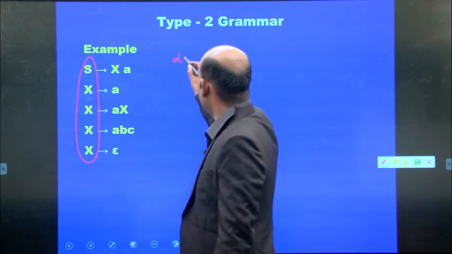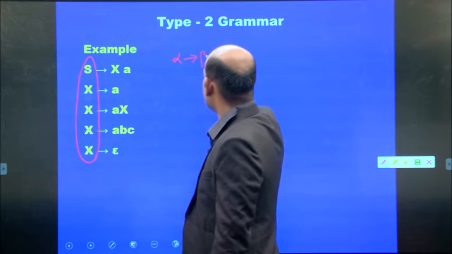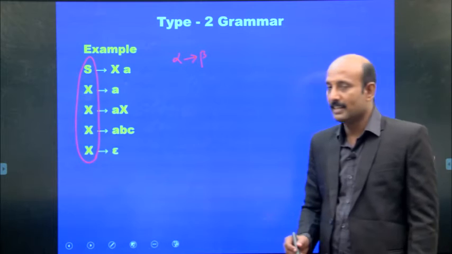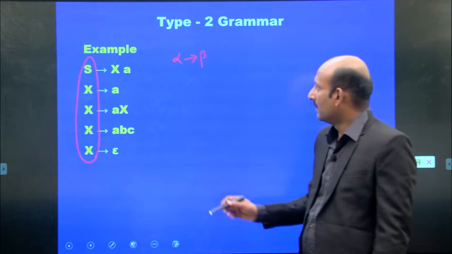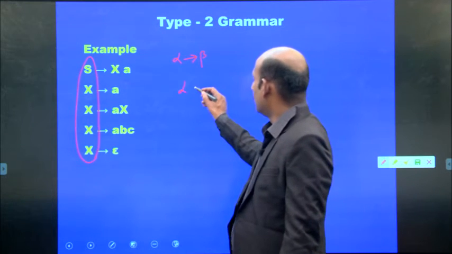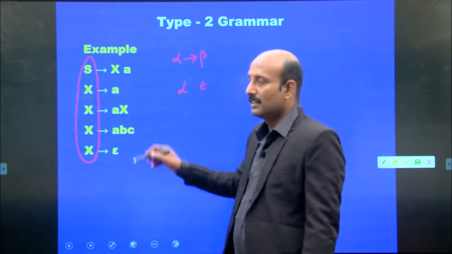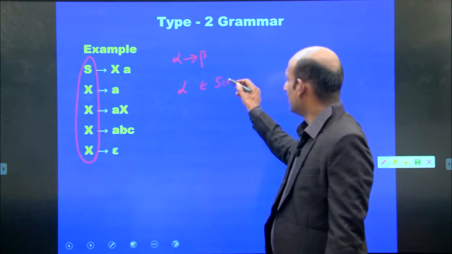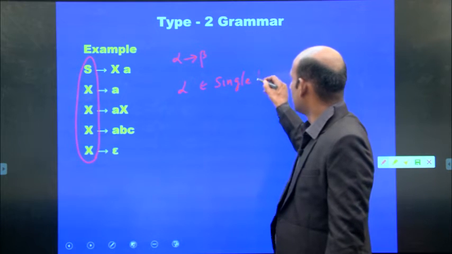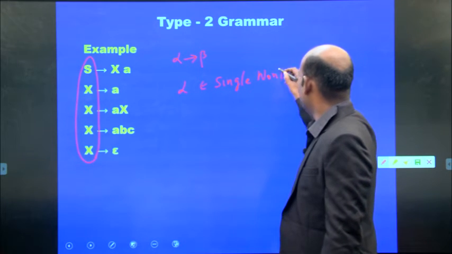So, alpha implies beta, where alpha belongs to a single non-terminal.